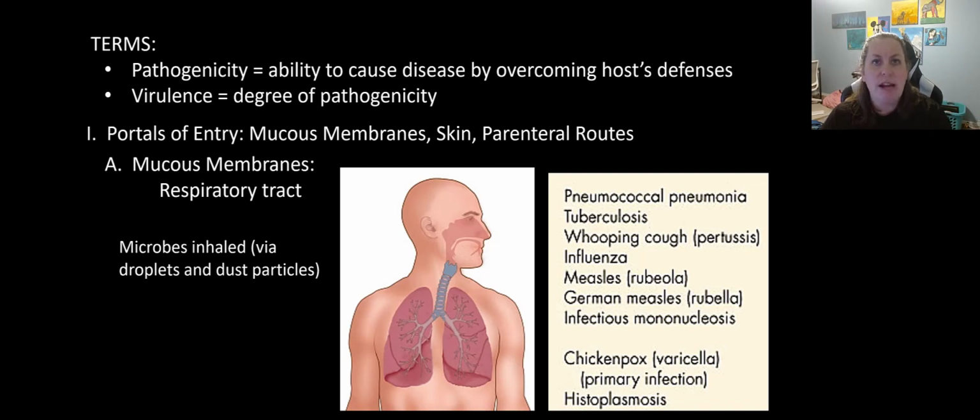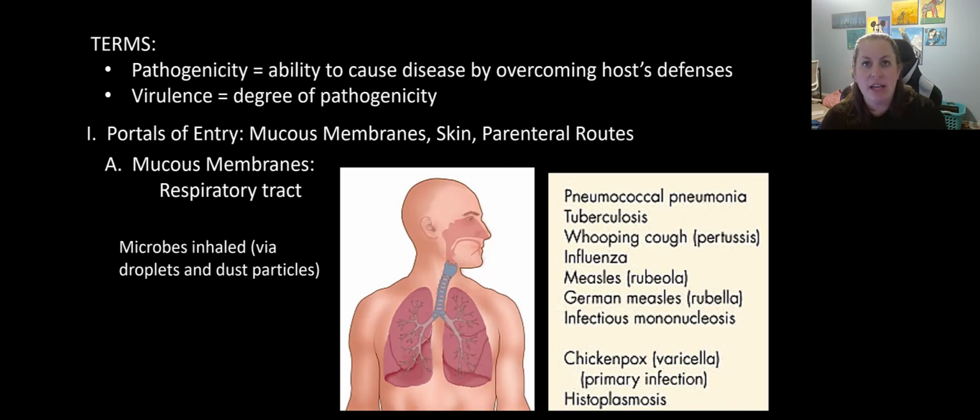The first is your respiratory tract. Your respiratory tract is going to be your nose, your mouth, and down into your lungs. Microbes here get inhaled. You breathe them in, either through droplets or dust particles. Now here you see in this box some of the infections that are caused due to you breathing them in.